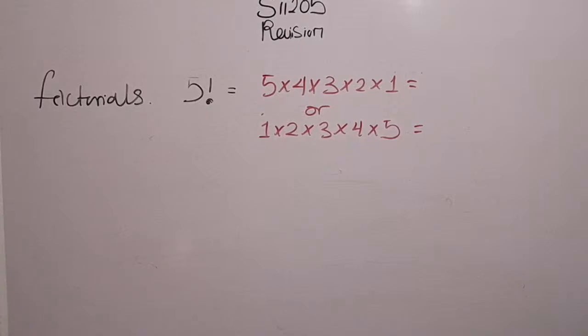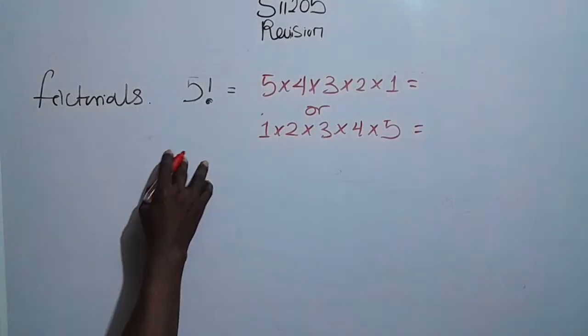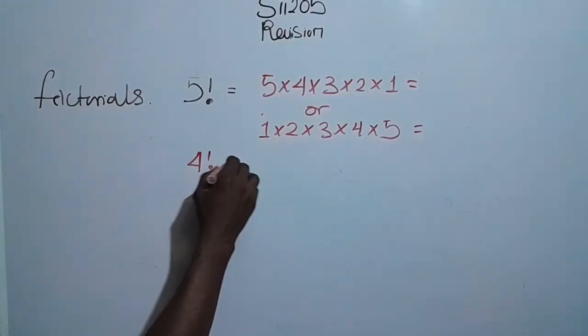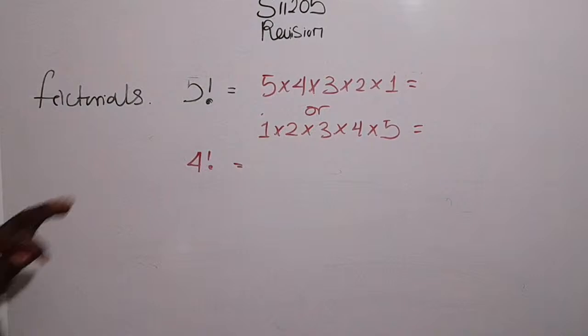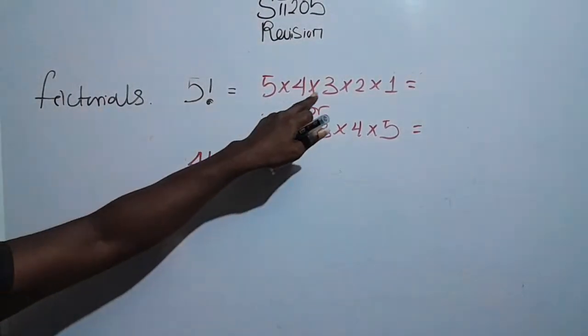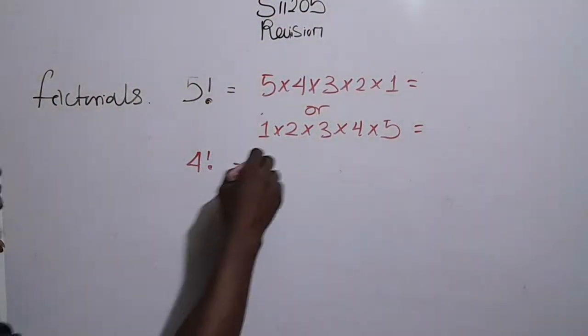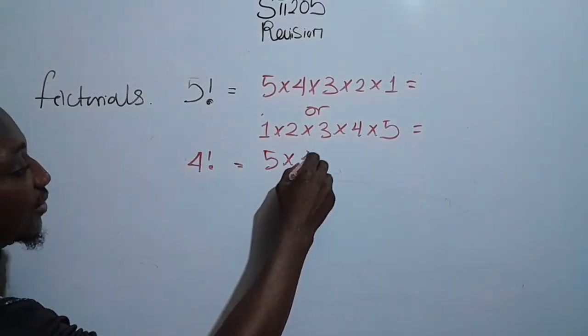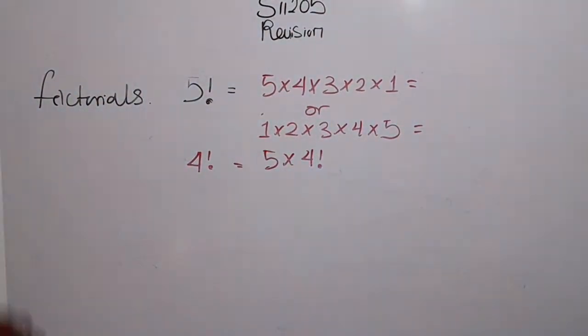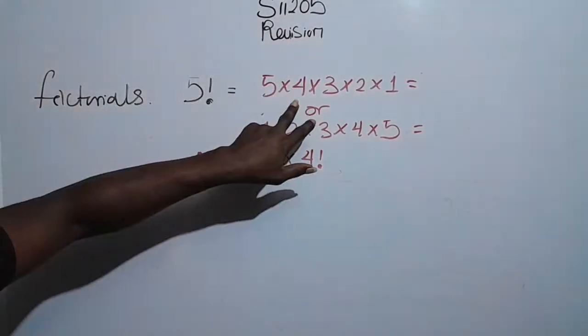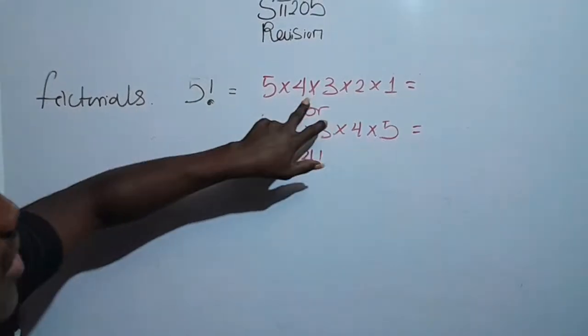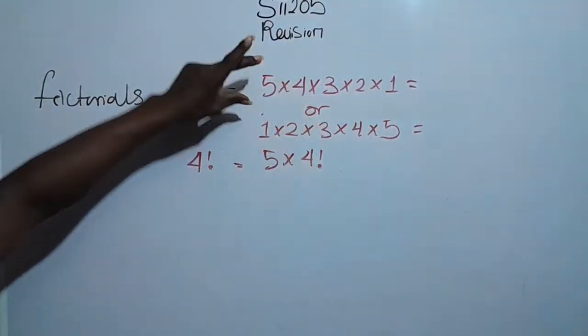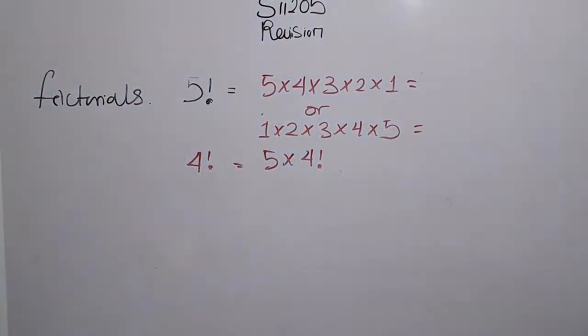So for example now, if you are given 4 factorial, there's no need for you to do 5 times 4 times 3 times. No. What you just need to do is 5 times 4 factorial. Why? Because you already have 4 factorial here. The answer for 4 factorial is what you multiply by 5. It's the same procedure.